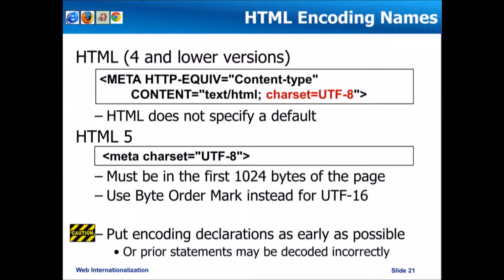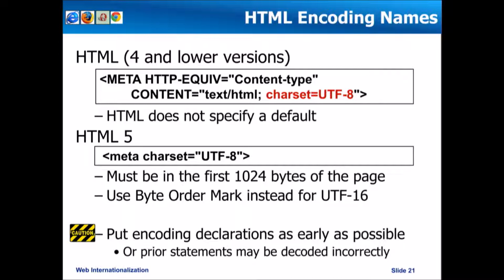It must be in the first 1K bytes, right? So the browser reads it. Not only should it be in the first 1,000 bytes, it should be the first thing in your file right after the head statement, because the browser doesn't know the encoding until it reads that.